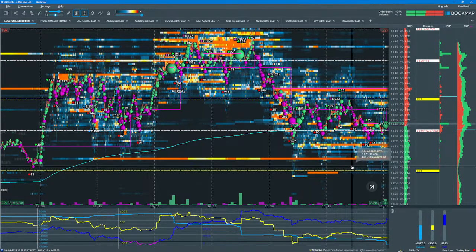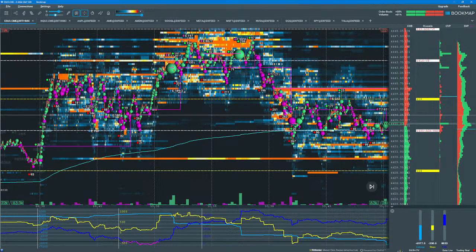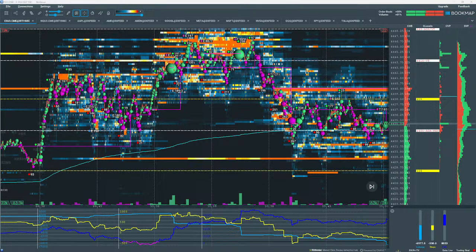So that was one piece of the narrative again. The next is that larger traders are selling with iceberg orders. And that may not be clear with the heat map there. Larger traders selling with iceberg orders.